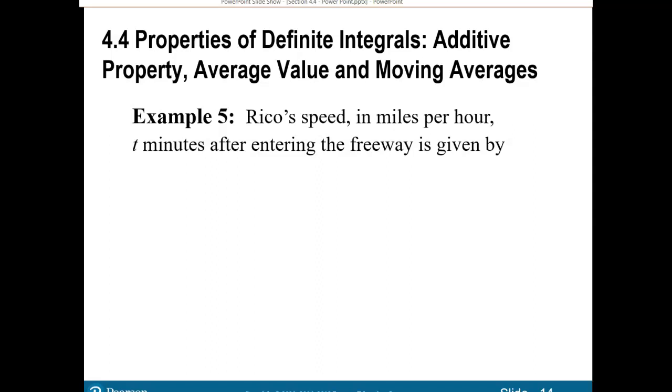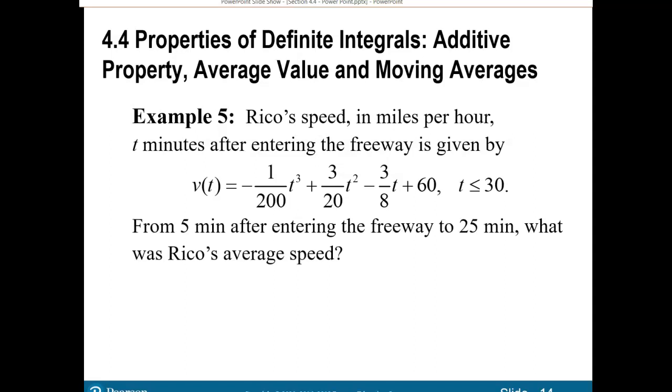Next example. Rico's speed in miles per hour, t minutes after entering the freeway, is given by this velocity function for t values less than or equal to 30. From 5 minutes after entering the freeway to 25 minutes, so between time values of 5 and 25, what was his average speed or average value?